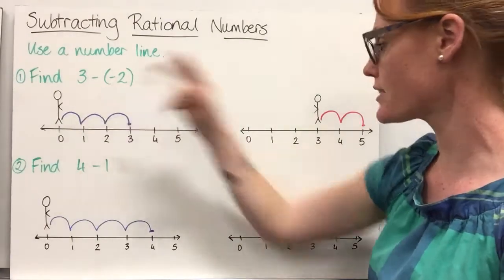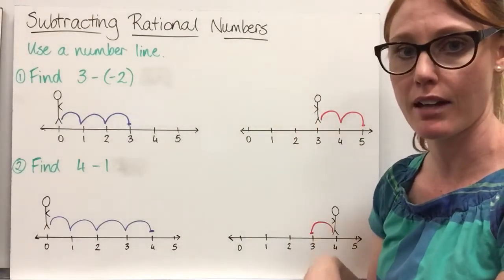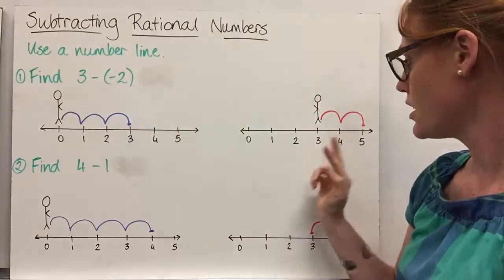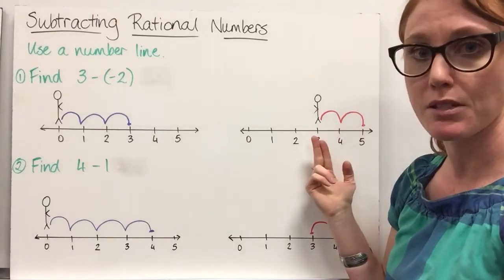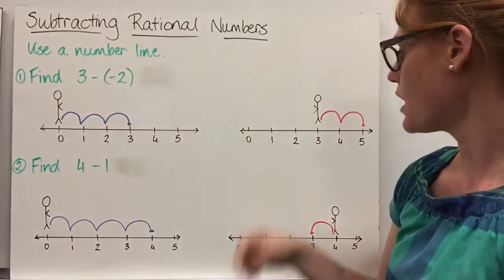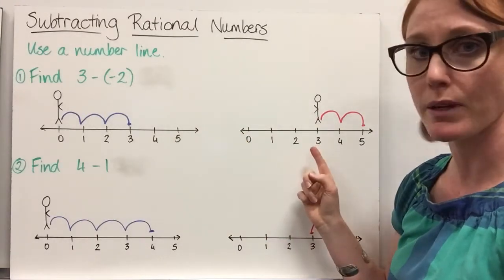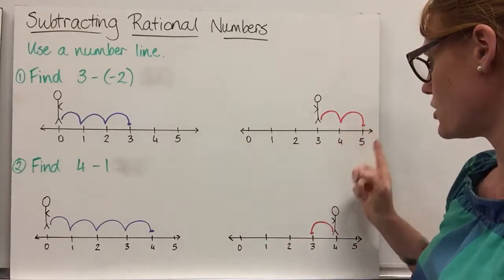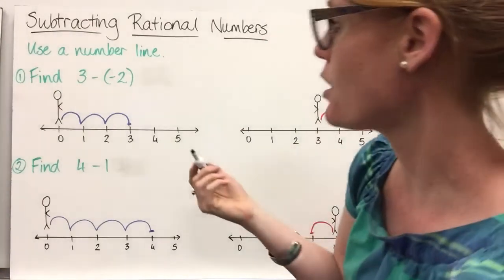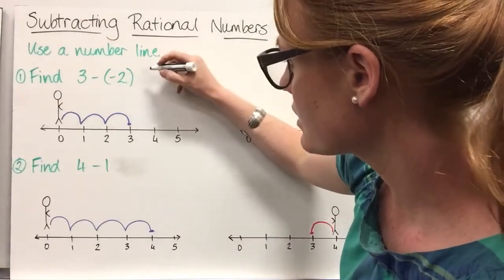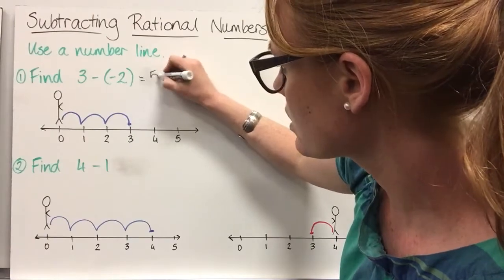Then, because we are subtracting, our stick figure is going to turn around and face the opposite direction. So he's on 3 facing the opposite direction now, and we're subtracting -2, and because that's a negative number, he's going to walk backwards 2 spaces. 1, 2, which brings us to 5. So 3 subtract -2 equals 5.